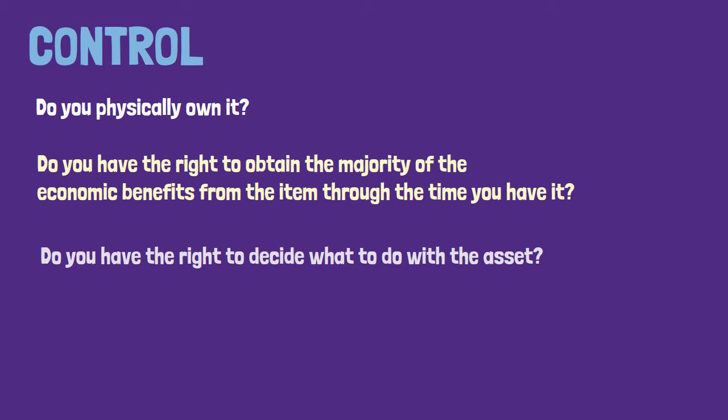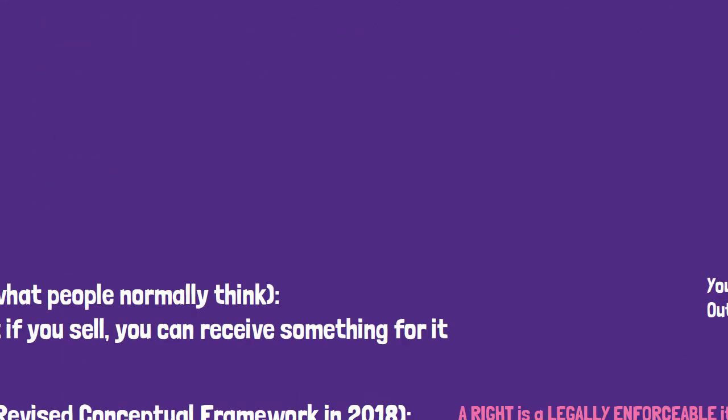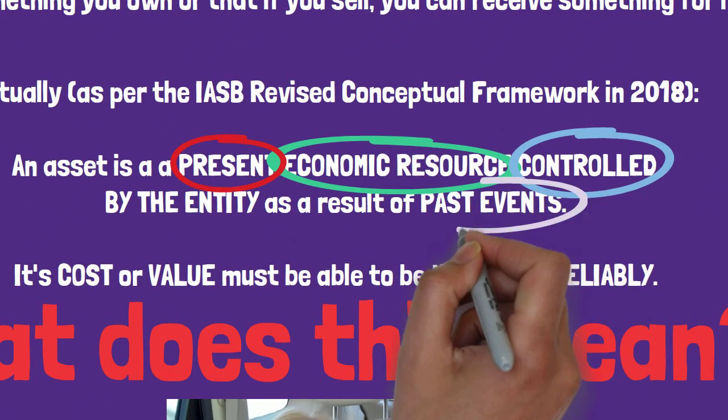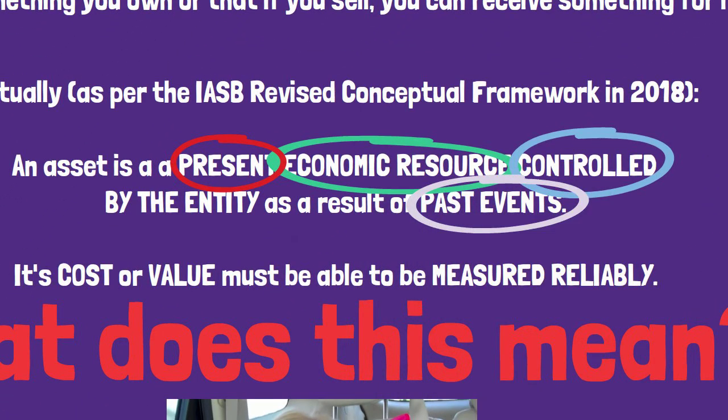Okay, so now we understand the asset's present economic resource bit, and we understand the bit on control. So let's explore that last little bit of the main sentence, past events.